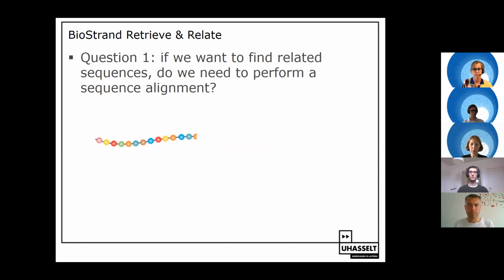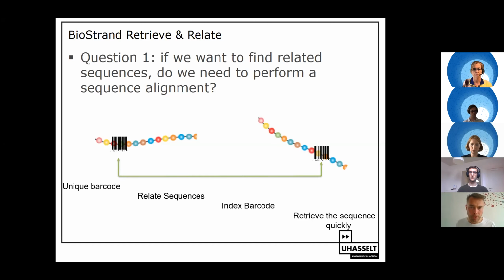First question was, if we want to find the related sequences, is it really necessary to perform a sequence alignment? And that is an interesting question if you think about that. So maybe in such a lengthy sequence, there might exist a unique and informative barcode that we could use to relate or to link related sequences to each other.